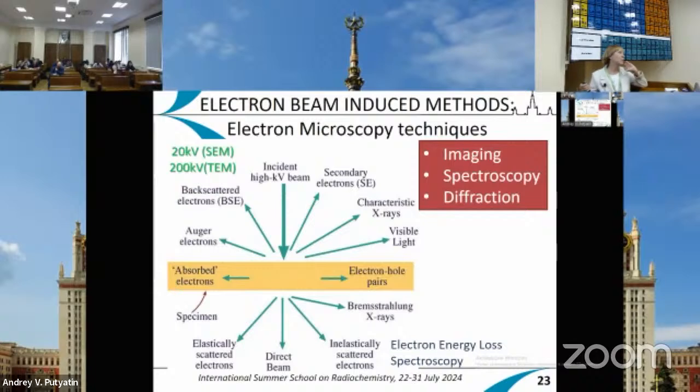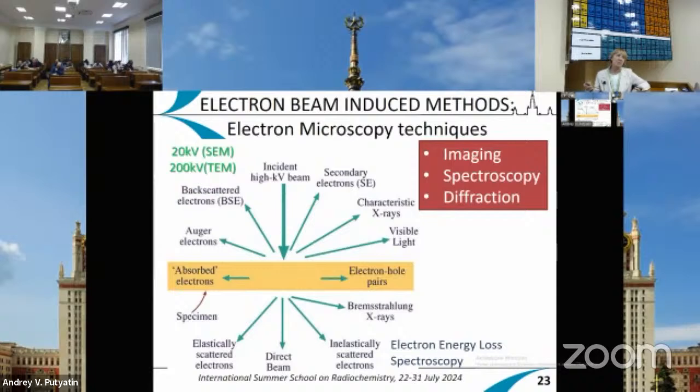What kind of information and what kind of detectors are used in these methods based on electron beam? The first is secondary electron detectors, which show the image in secondary electrons. The second is backscattered electron detectors. There are several detectors close to the sample.